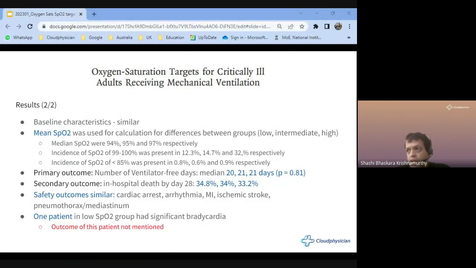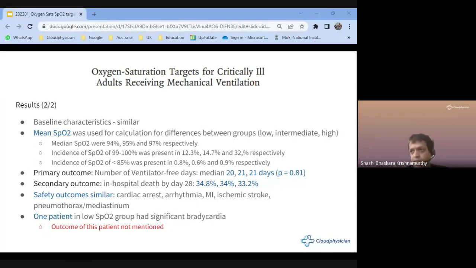Patients who were enrolled in the low saturation target had 12.3% of them saturating 99 to 100% at times, and similarly the intermediate was 14.7% and 32%. How this is going to actually affect the results is something which, if anyone can explain, that would be great.